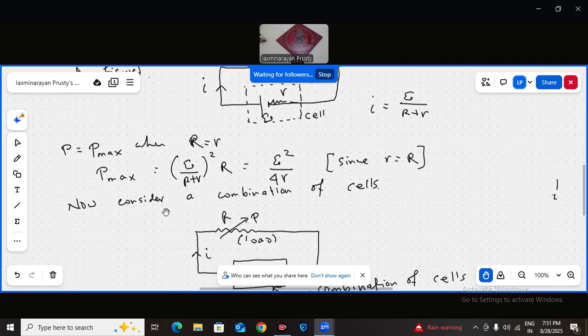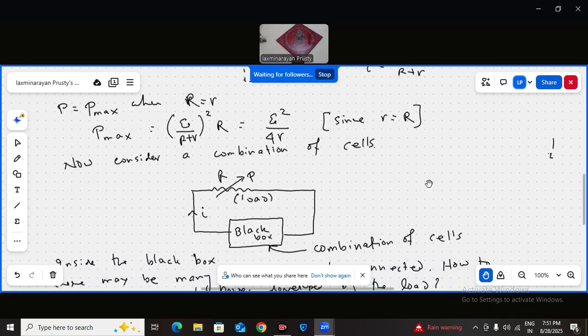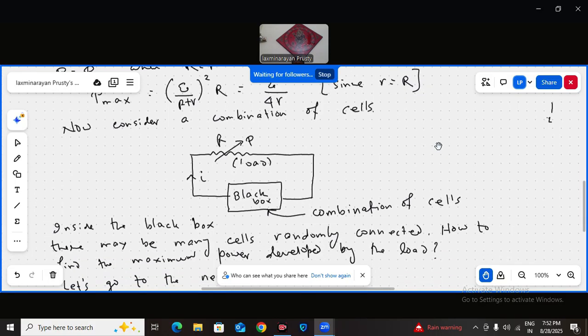Now consider a combination of cells. That's the topic, combination of cells. This black box I have drawn here, there are a lot of cells in there, combined in any random manner. And this is the load. Load means the resistance through which we obtain our useful power.